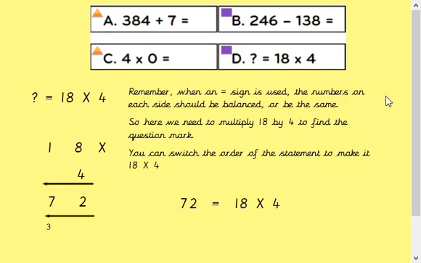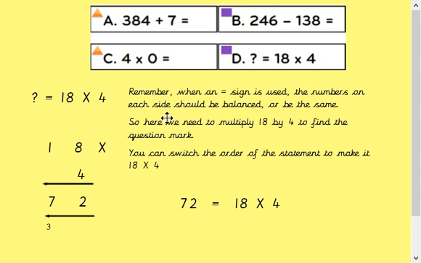And the final question this morning is question D here, which says basically question mark equals 18 times 4. Now, when you get an equal sign in a sum, what it basically is acting as is a set of scales. And what it means is that everything on this side of the equal sign should equal whatever is on this side here.